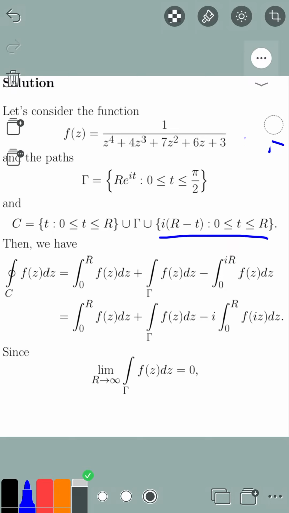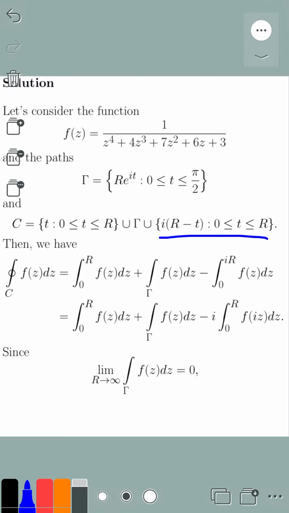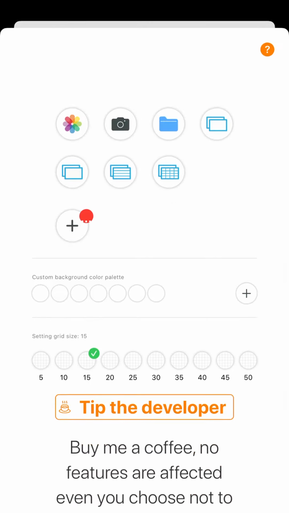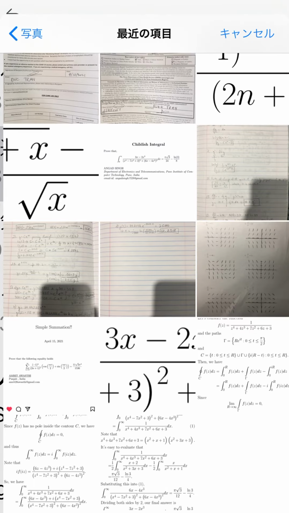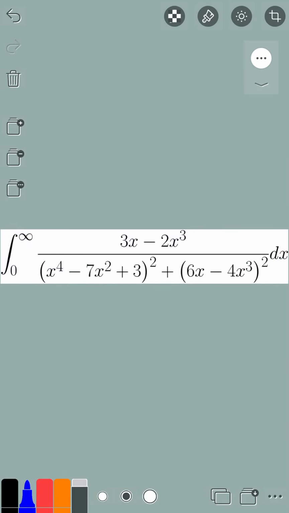Alright, so let's get back to our original question and original integral. The contour we're using is this quarter circle contour in quadrant 1.